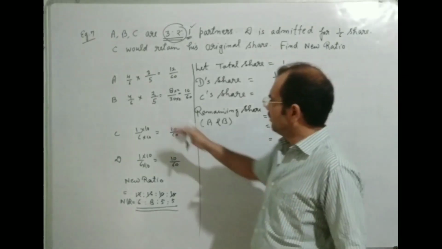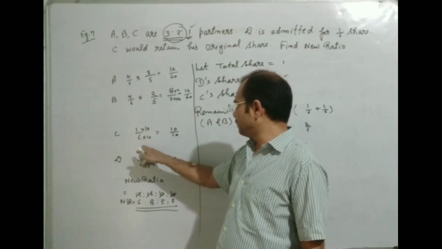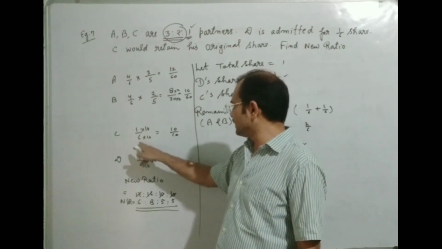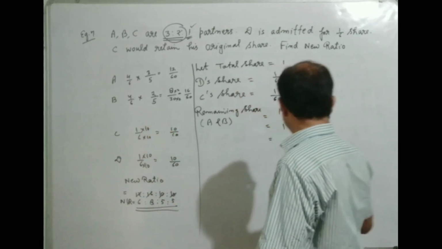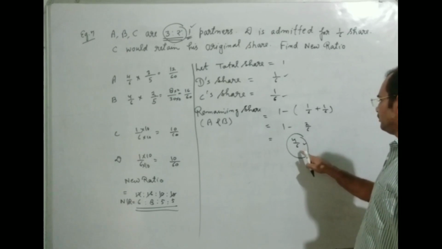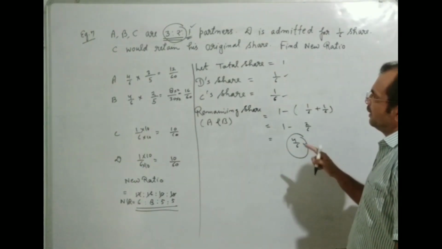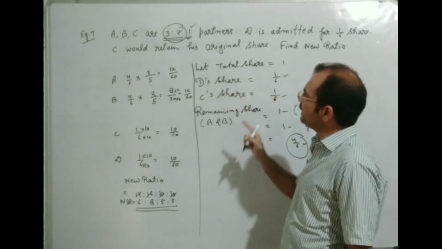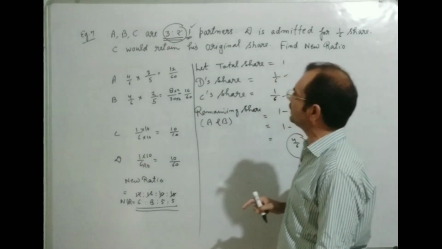After doing this, we will write here the names of the partners A, B, C, D. C's share is given as 1/6, D's share is given as 1/6, and the 4/6 we found for A and B will be distributed between A and B in their ratio. A and B's ratio is given in the question as 3:2.